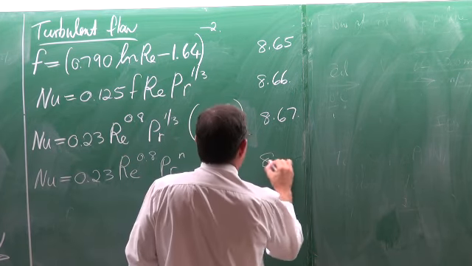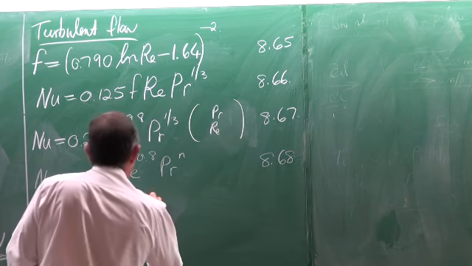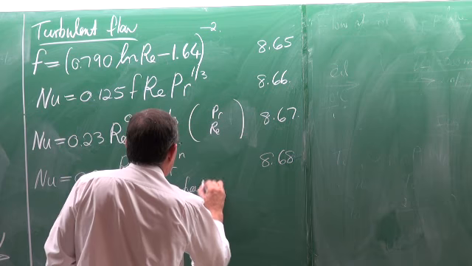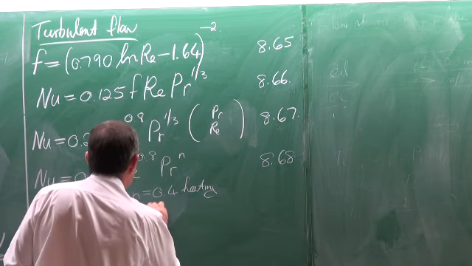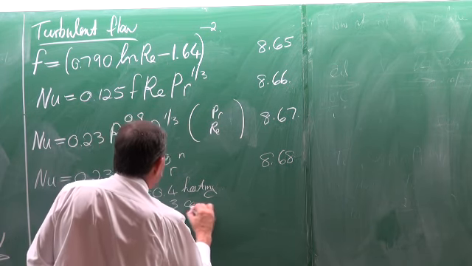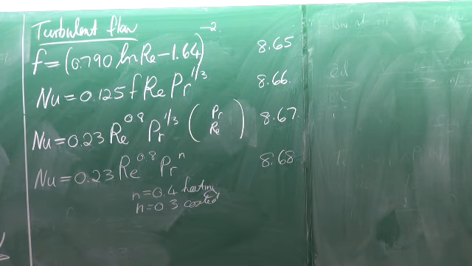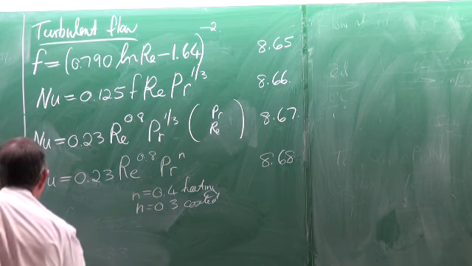Okay, and that is equation 8.68, and n is equal to 0.4 if the fluid is being heated, and n is equal to 0.3 if it is being cooled. Okay? Right. The next equation is called the Sieder and Tate equation.